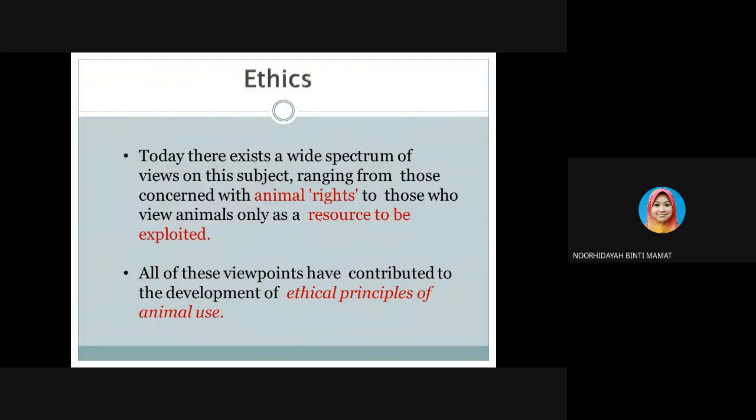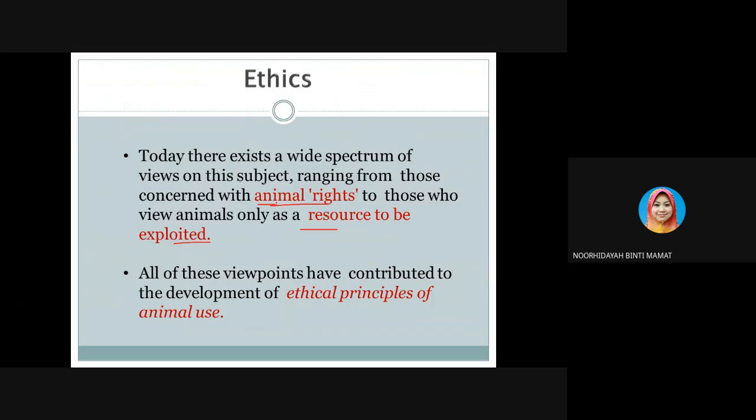Now, ethics. Today there exists a wide spectrum of views on these subjects, ranging from those concerned with animal rights to those who view animals only as a resource to be exploited. In the previous lecture, we already learned about animal rights.